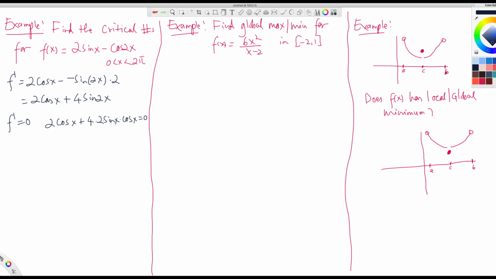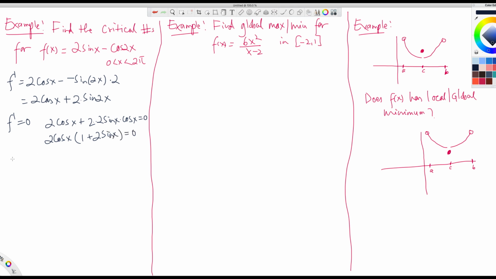So can you take something out? Take out 2 cosine of x, right? So what do you get? You get 1 plus 2 sine x equals 0, right?